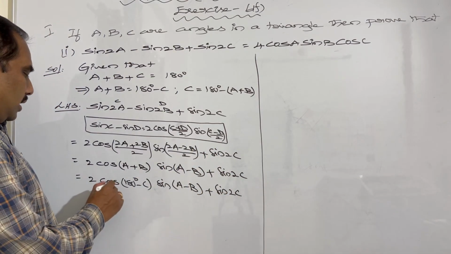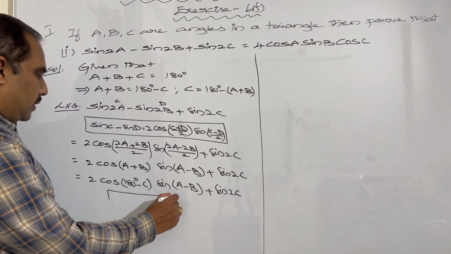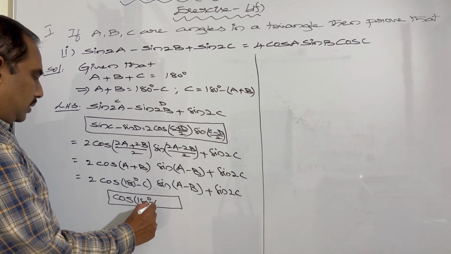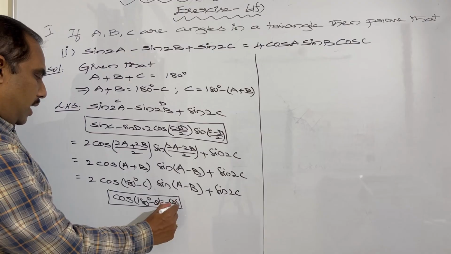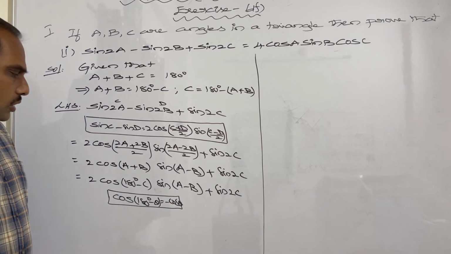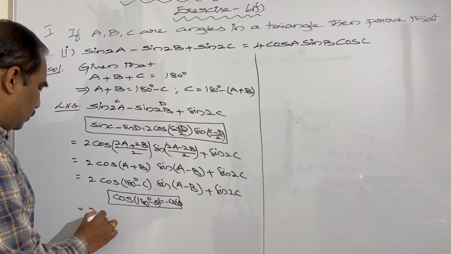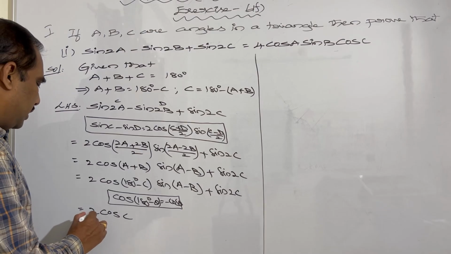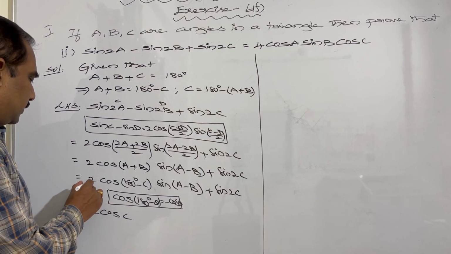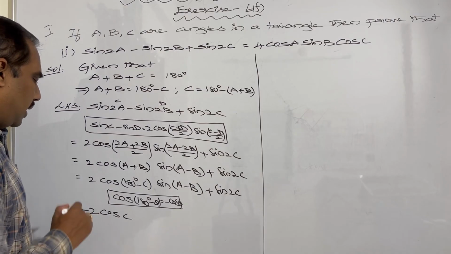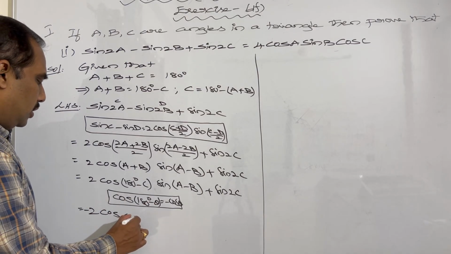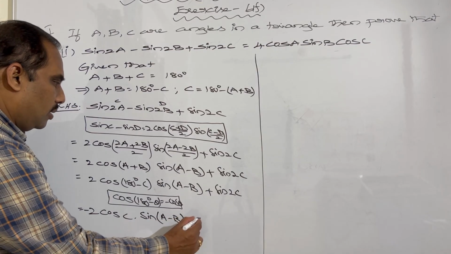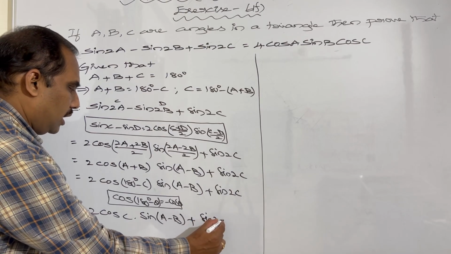If you observe, cos of 180 minus C is like cos of 180 minus theta. We know that cos of 180 minus theta is minus cos theta. So this is equal to 2 into minus cos C, which is minus 2 cos C into sin of A minus B, plus sin 2C, writing as it is.